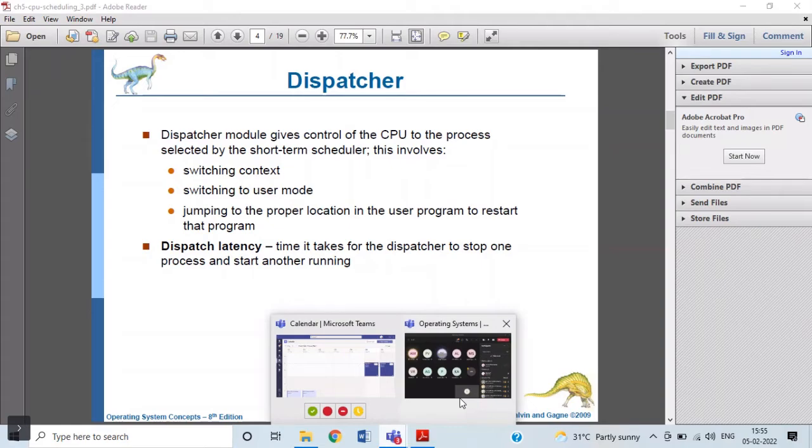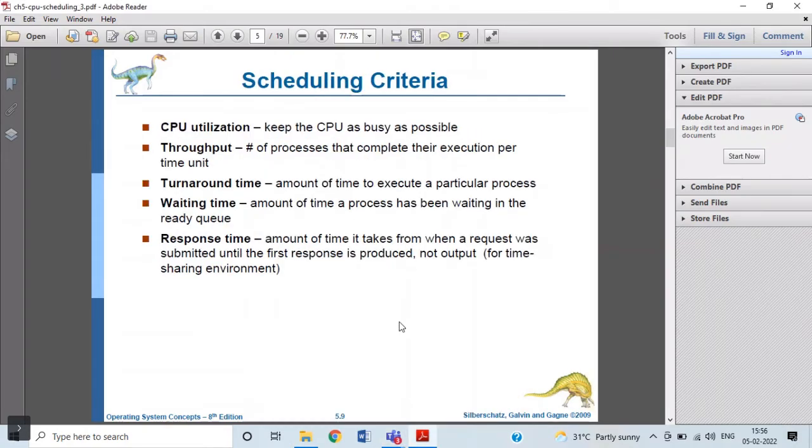So scheduling criteria. So how the CPU will select a process for allocating the CPU. So some criteria should be there, no? So CPU utilization and throughput and turnaround time and waiting time and the response time. For example, scheduling criterion, whenever we are allocating seats, for example, in our Anna University, whenever we are doing the counseling, at first they will display the ranking status of the students.